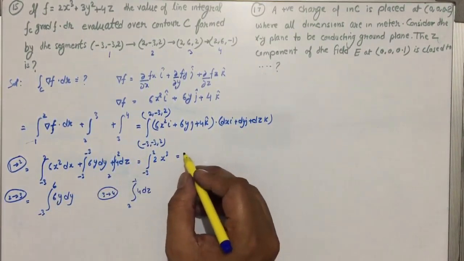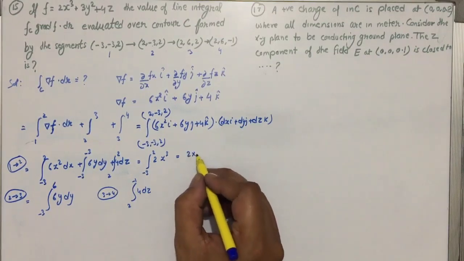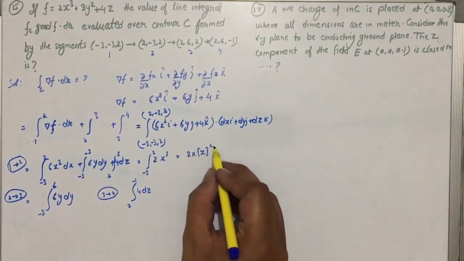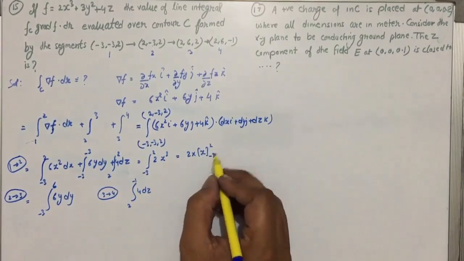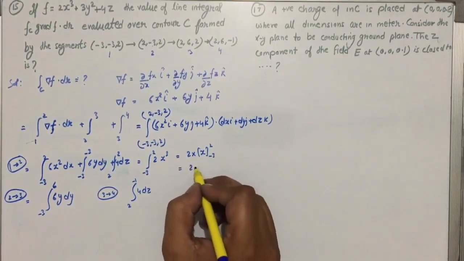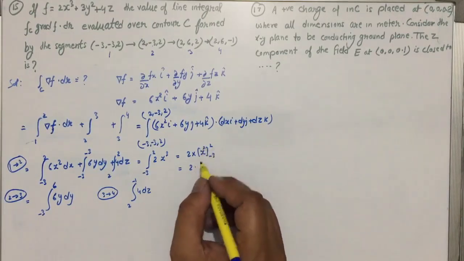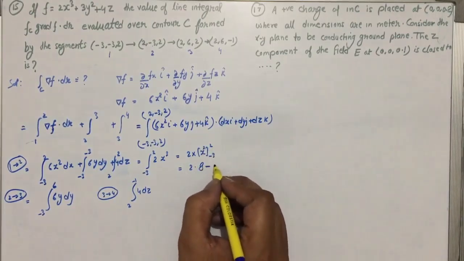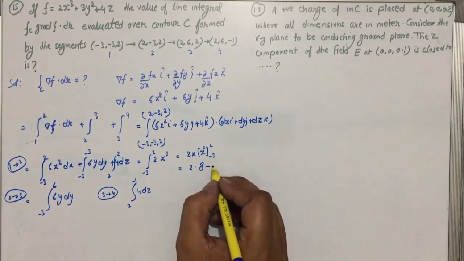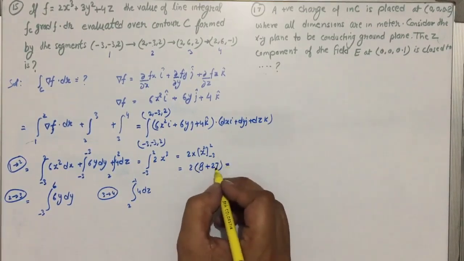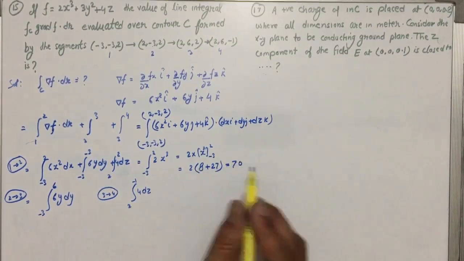If we integrate, 2x cube from minus 3 to 2 is 2 times (8 minus (minus 27)), so it will be plus 27 and gives 70.